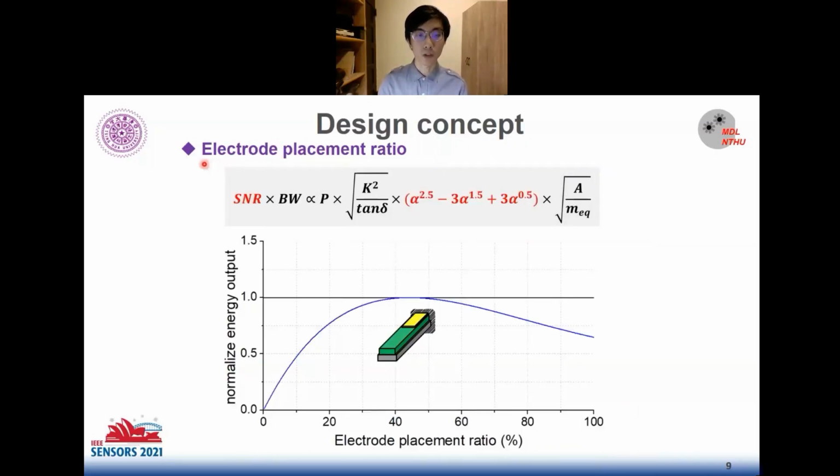At first, let's look at about electrode placement ratio of the Cantilever microphone. In figure below, as we can see, the electrode placement ratio at 44% will let the microphone achieve highest energy output.